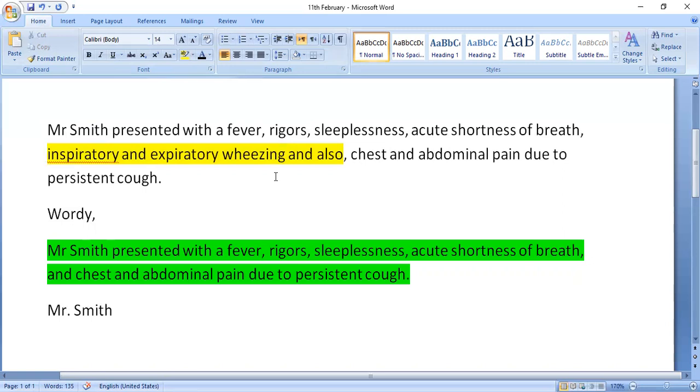Yes, Dr. Manal, breathing is when we breathe, and wheezing is these whistle sounds, like in the condition of asthma. In addition, he had chest and abdominal pain, possibly with persistent cough. Excellent, excellent, Miss Sarania. Okay, just another possibility. So she wants to move pain to the next sentence also.